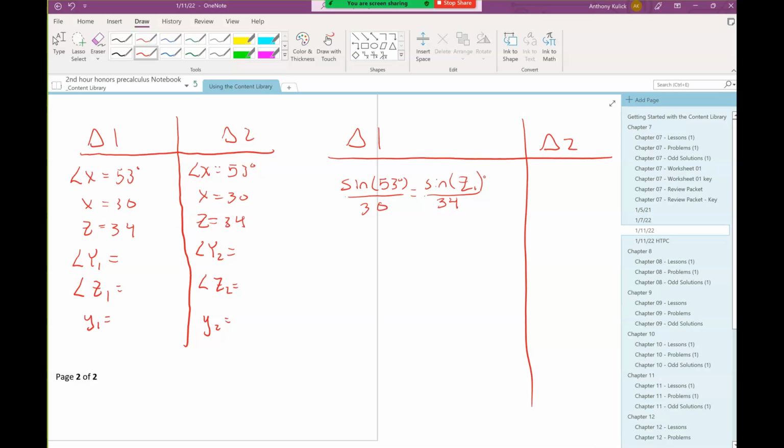Maddie, so far so good? Okay. I'm going to cross multiply, then divide by 30, and then do the sine inverse of both sides. So I'm going to do all that algebra here all at once. Is that too much? Okay. Again, after you've done a couple of these problems, it's the exact same algebra every time.